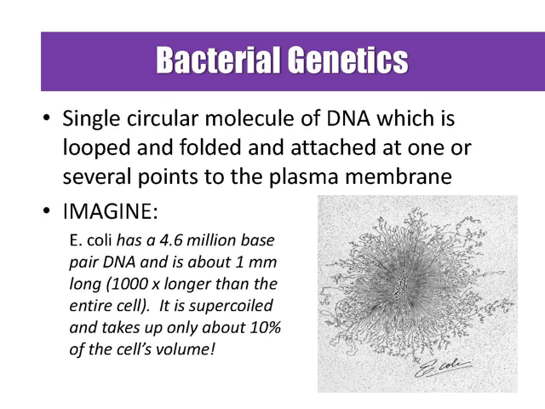So that is 1,000 times longer than the entire cell. The structure of DNA is supercoiled. It is looped and folded and so on. Because of this supercoil, the size of the chromosome can be shrunken to only about 10% of the cell's volume.